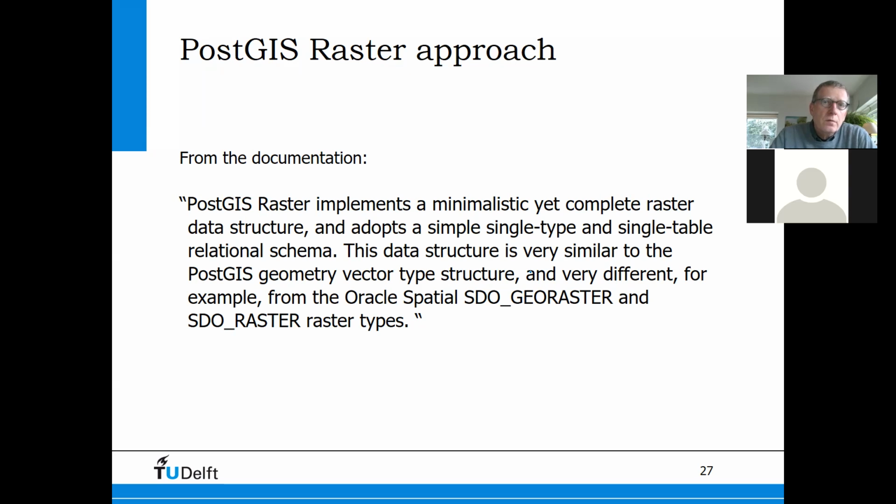What they state themselves in the documentation is that they have a kind of minimalistic yet complete raster data structure, single type, single table relational schema, comparable to the vector data types, and very different from Oracle with the SDO raster and the SDO GeoRaster for data and metadata.